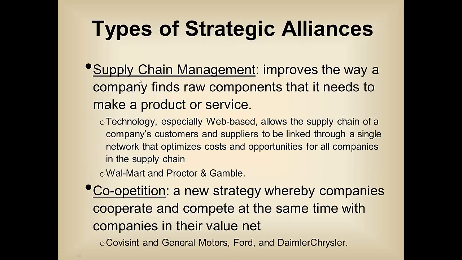With supply chain management, we're looking at improving the way a company finds the raw materials it needs to make a product or service. Some of the large companies have really led the way in doing this well. So Walmart with Procter and Gamble, actually helping with packaging, helping with shipping.